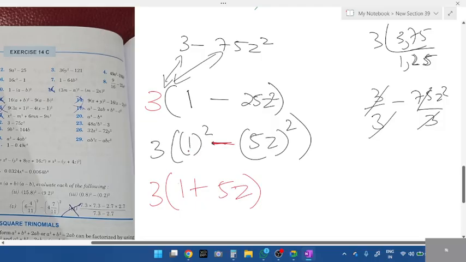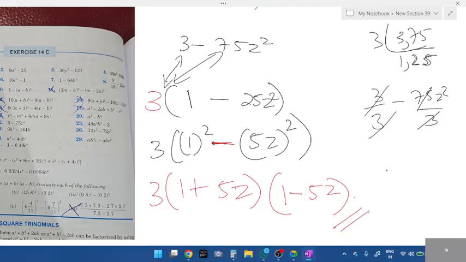You should take the inside value, not the square value, Amani. Next, a plus b I've written. What is a minus b? 1 minus 5z. Right. We just take the bracket value, students. We don't take the square root value. Okay, we just take the bracket value.